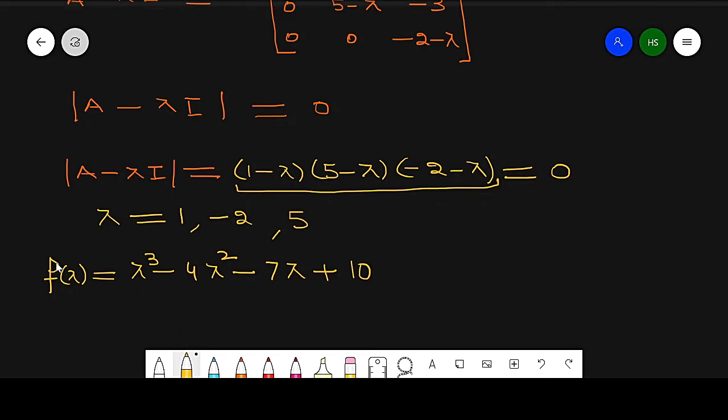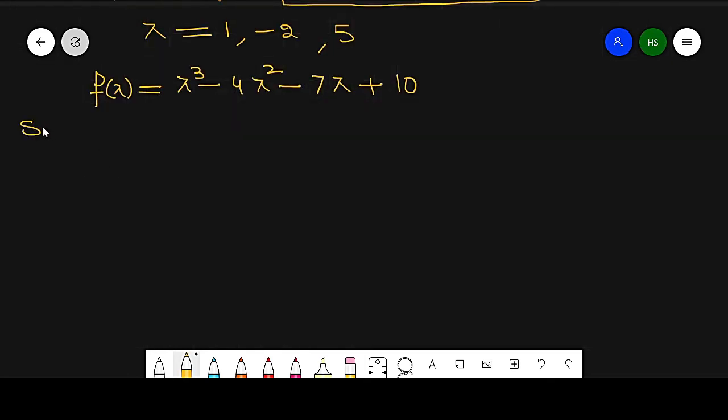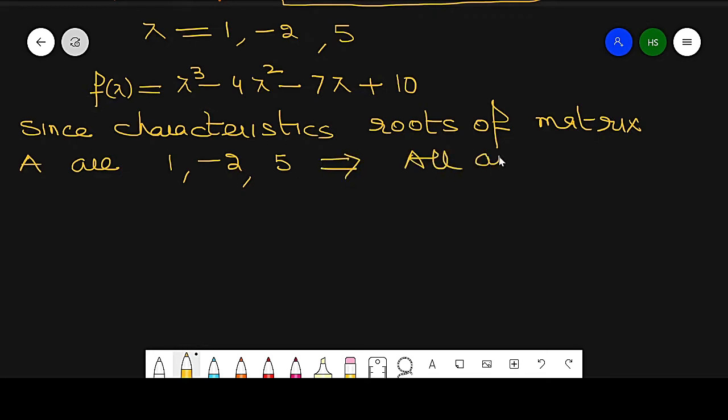Now since the characteristic roots of matrix A are 1, -2, 5, it implies all are distinct.